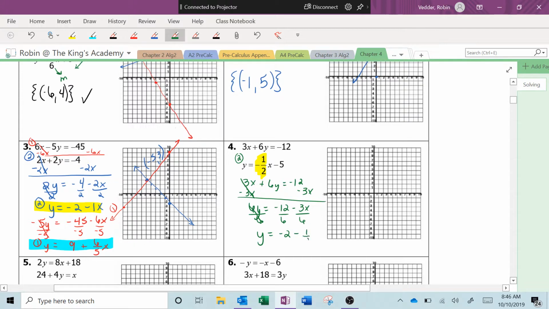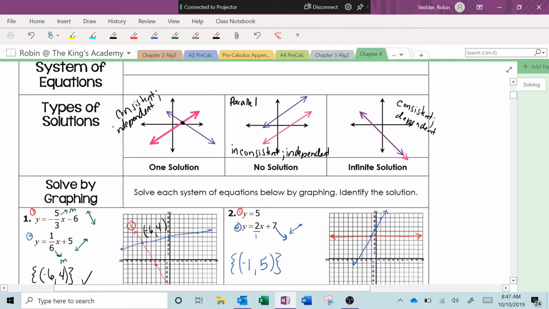Right. Okay, what do we notice about them? Same slope, right. Do they have different y-intercepts? Yeah, that means if they have different y-intercepts, they're going to run straight and parallel, right? And parallel lines have what type of solution?